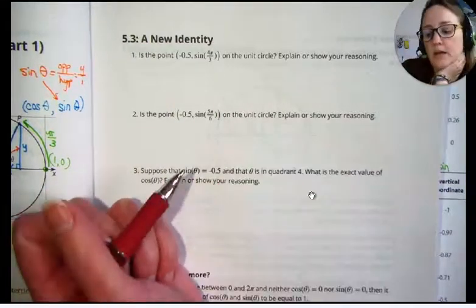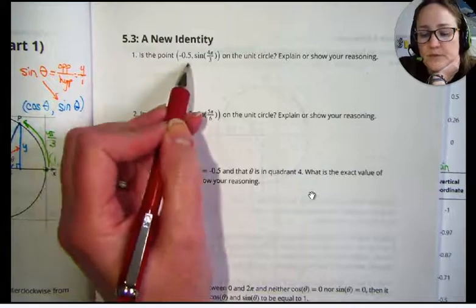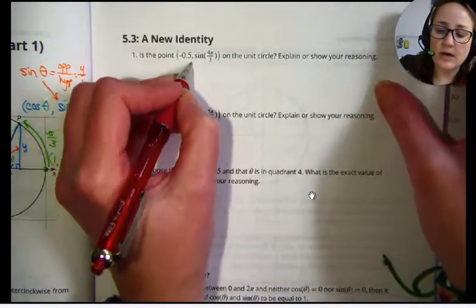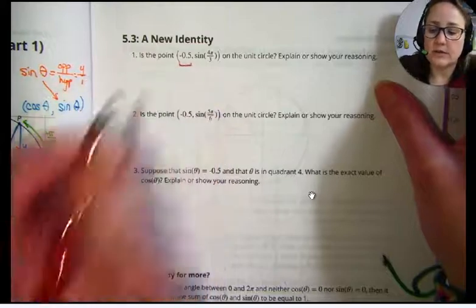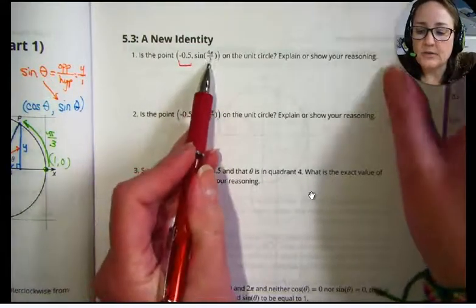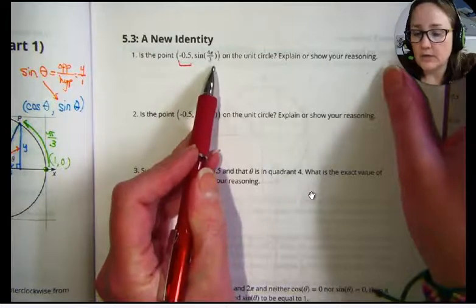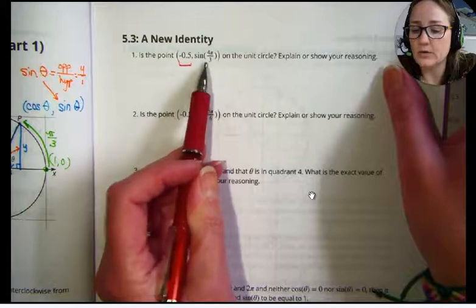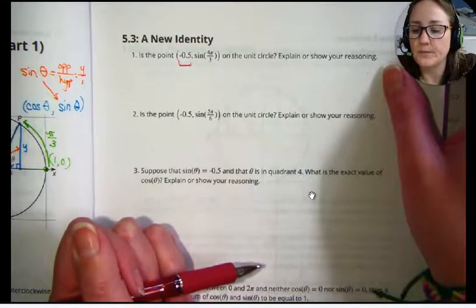Okay? Number 1, well, it's telling me that I have a known x coordinate, and it wants to know if the sine of 4 pi over 3 is the correct y coordinate that would go with it if it's on the unit circle.